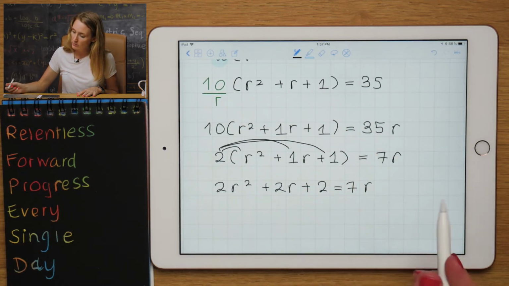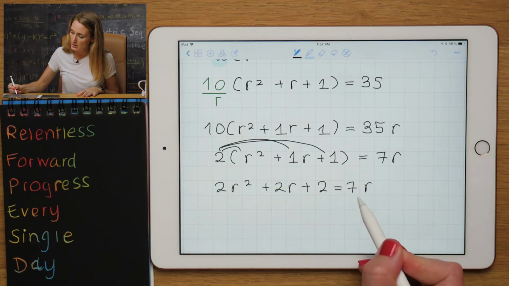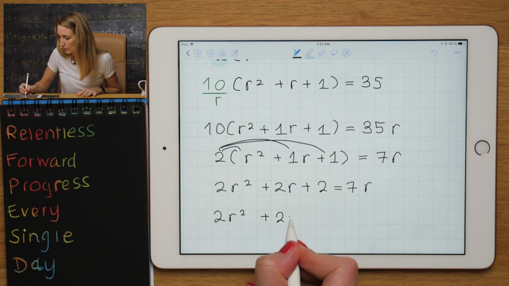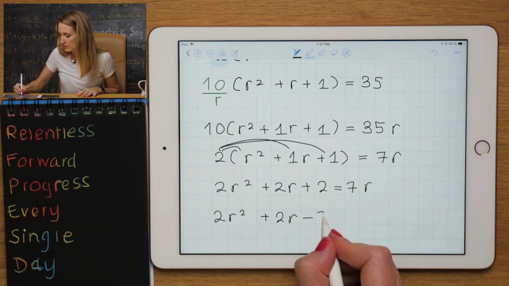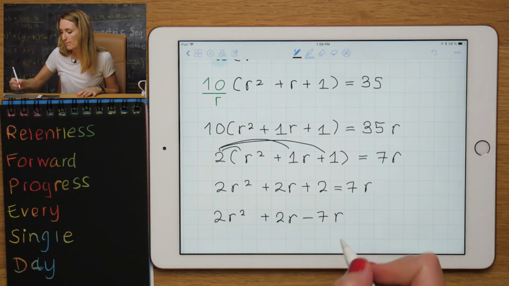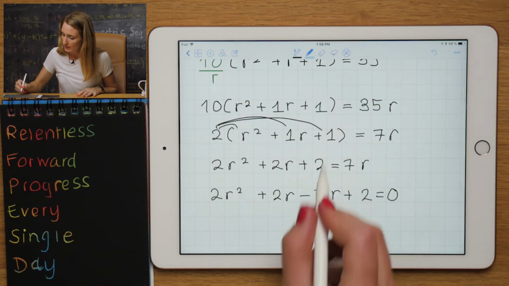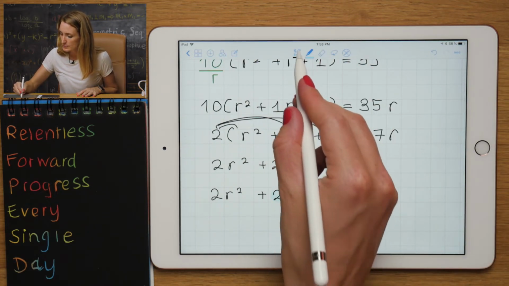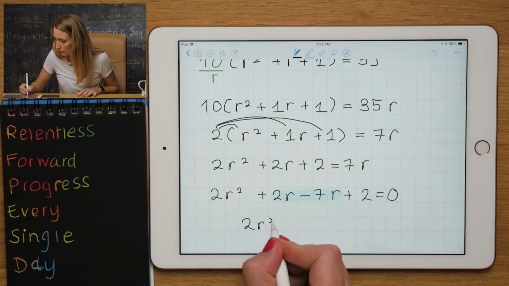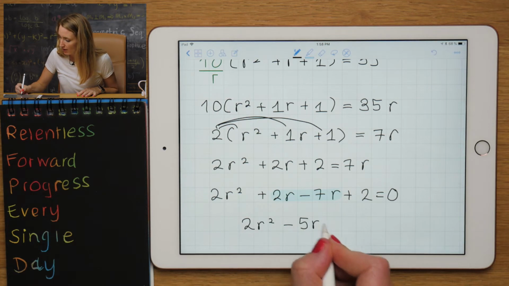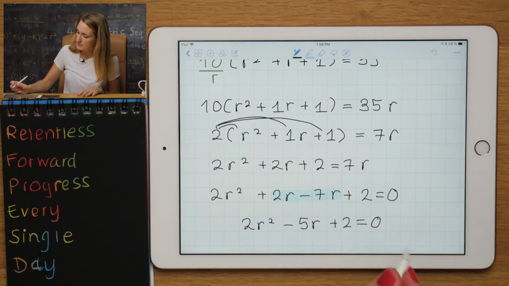And here, to complete my quadratic equation, I'm going to move everything to one side. So I'm going to move that plus 7r to the left-hand side and have it become a minus 7r. These two here are like terms, so they can go together. 2r squared plus 2 minus 7 is minus 5r plus 2 equals 0.